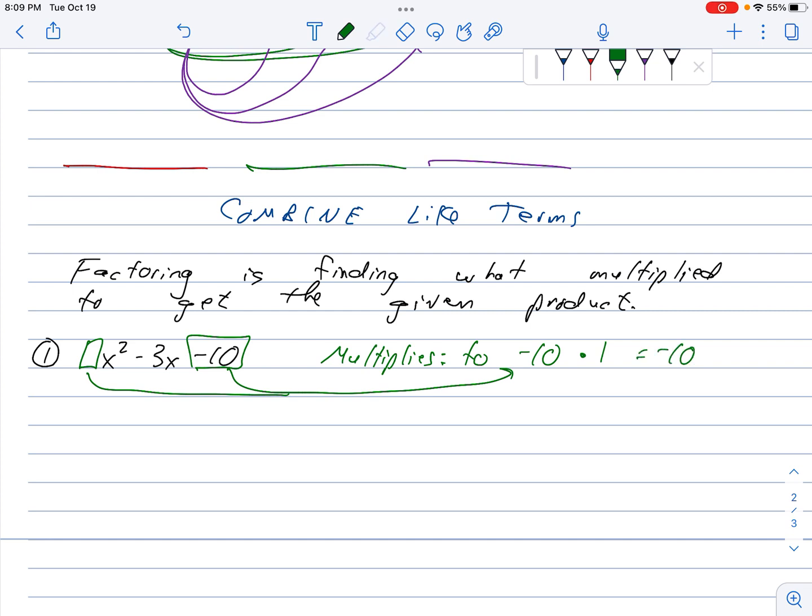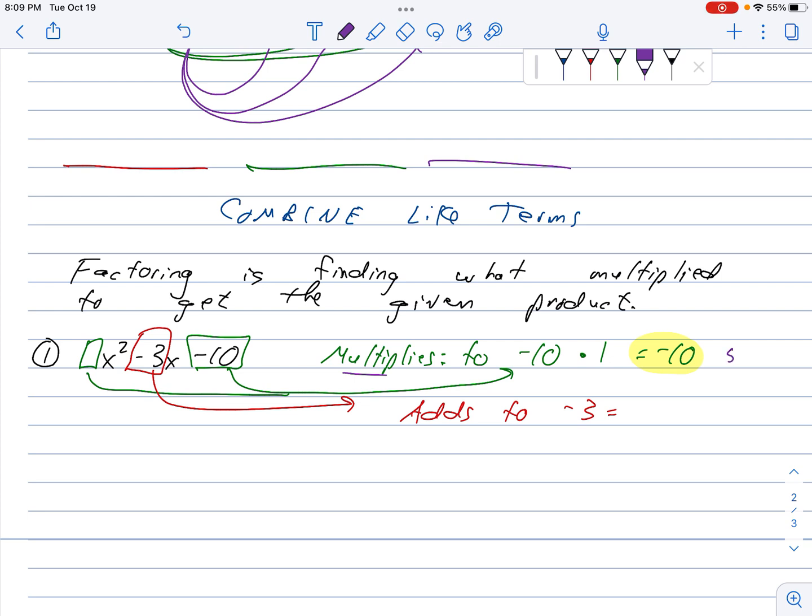I want to figure out what multiplies to negative 10, and at the same time also adds to negative 3. So I want to find something that multiplies to negative 10 times 1. There's my 1. And also adds to negative 3. So I start to think of factors of 10.